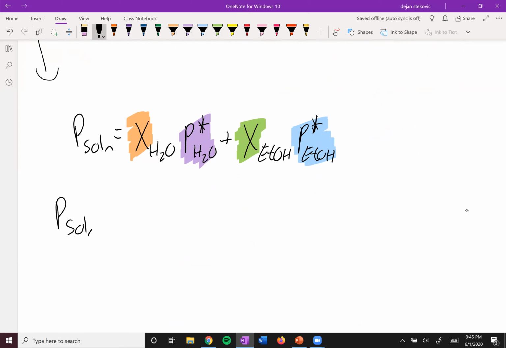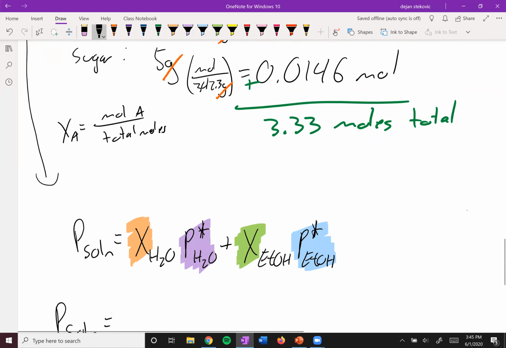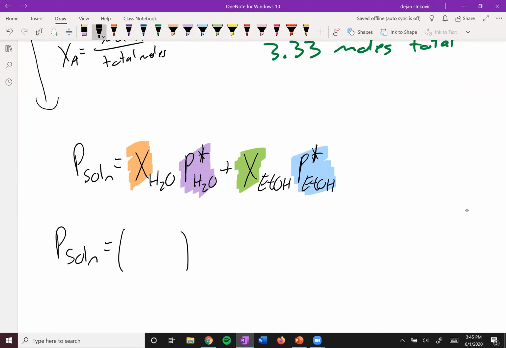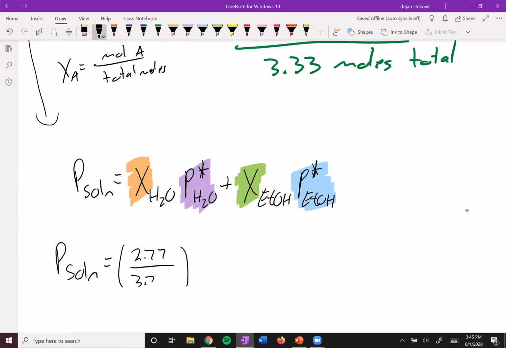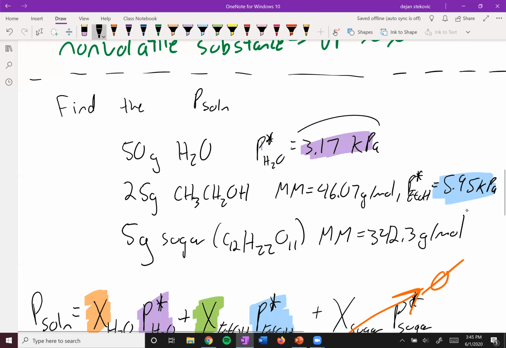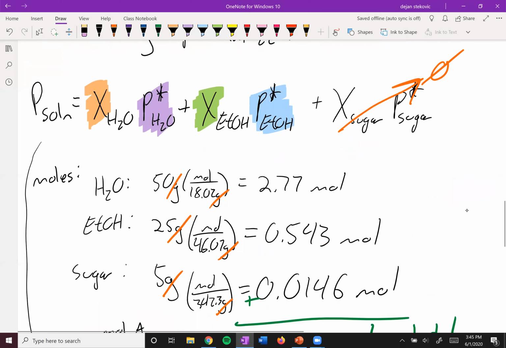So P of solution will equal the mole fraction of A, or of water, right? So we have 2.77 moles of water. So 2.77 goes on top over the total moles, which is 3.33. And then we plug in the pure pressure of water, which we got up here, this 3.17 kilopascals.